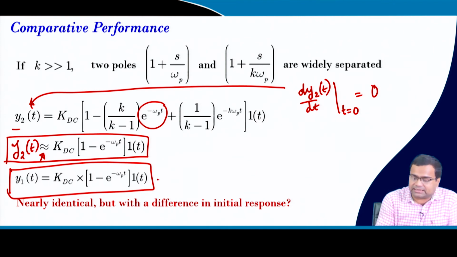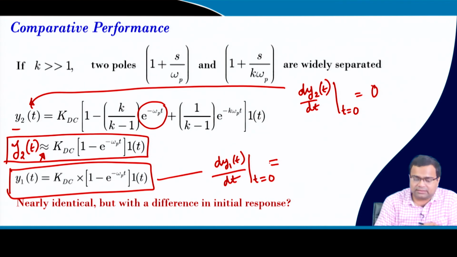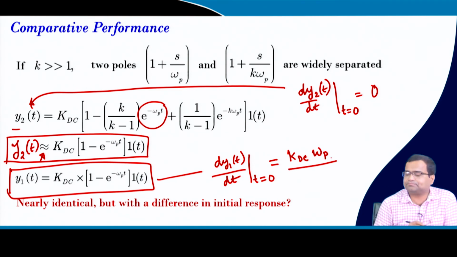But if you take this response and write dy1(t)/dt, computed at t equal to 0, what will you find? You will find it is nothing but K_DC into omega_p, that is it.